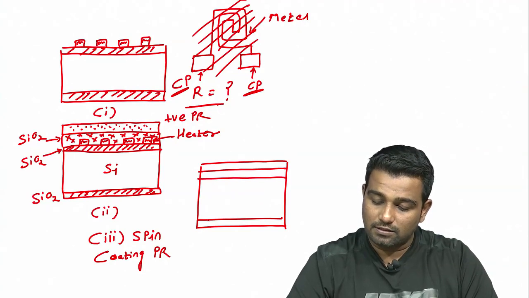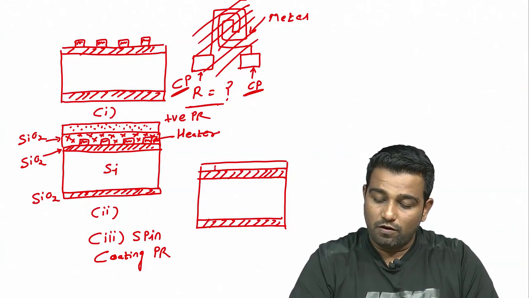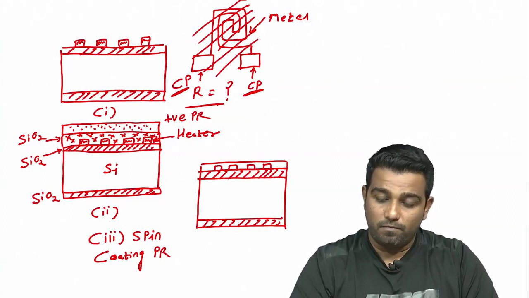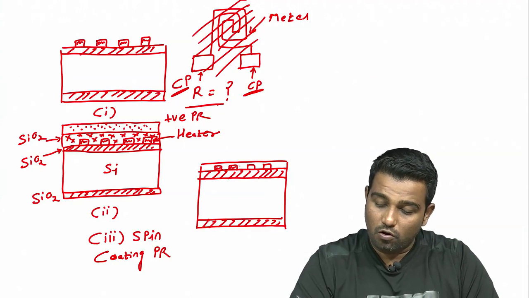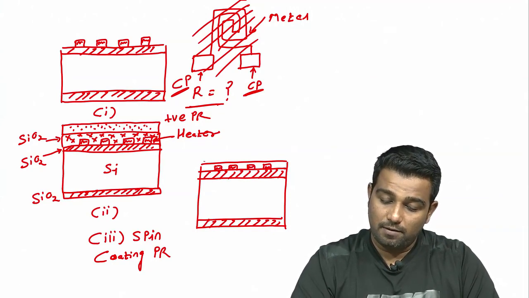For loading the mask we will use a dark field mask. Why? Because we want to etch only the area which is your window or contact area of the micro heater. All right.